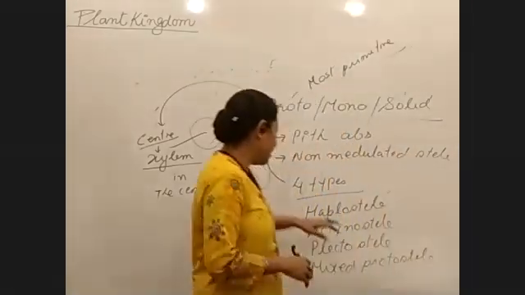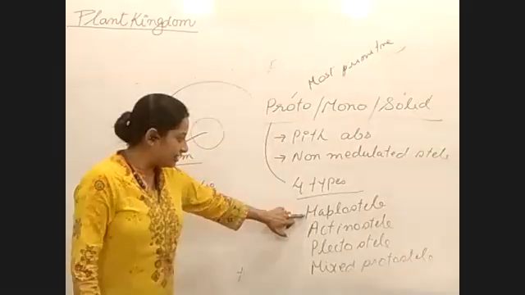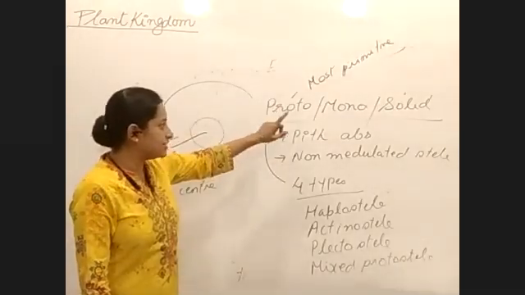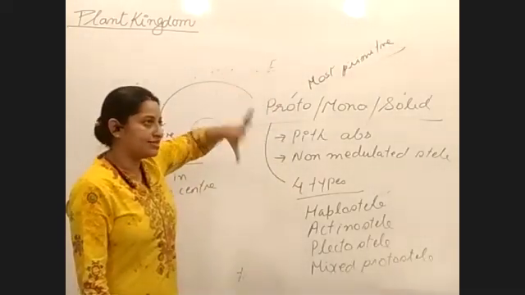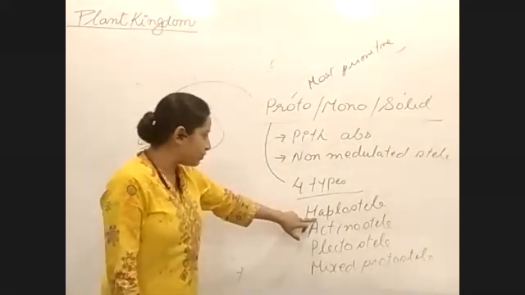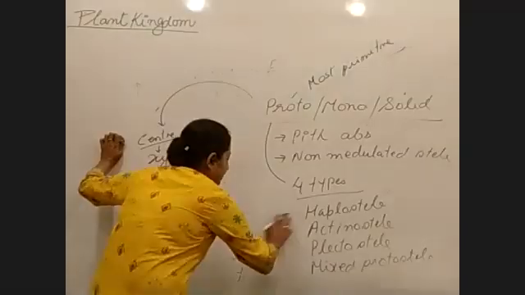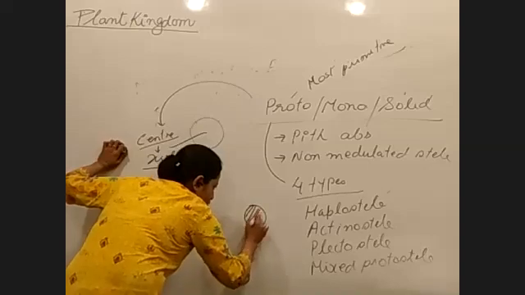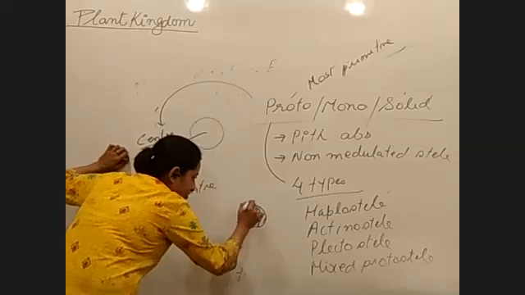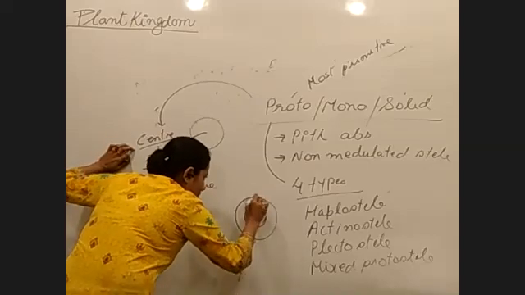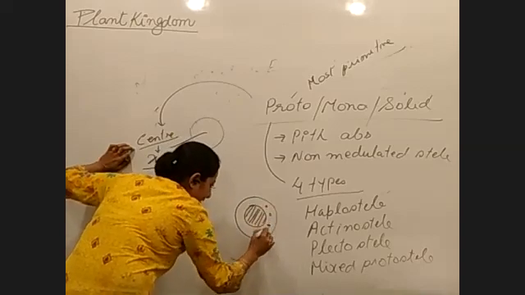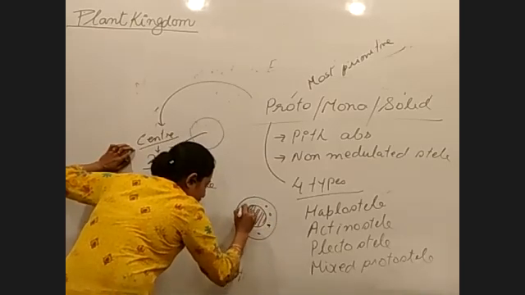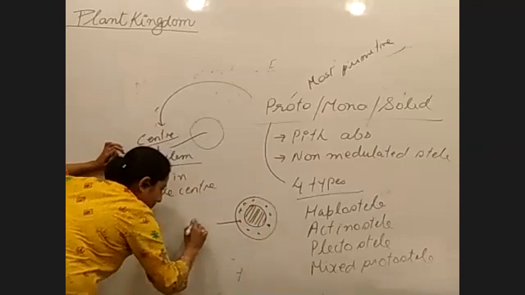Okay, talking about the haplostele. In protostele, always remember the center will have xylem. So in the first one, haplostele, how will the diagram look? The centermost portion will have xylem tissues. Xylem will always be surrounded by the next tissue, that is phloem.